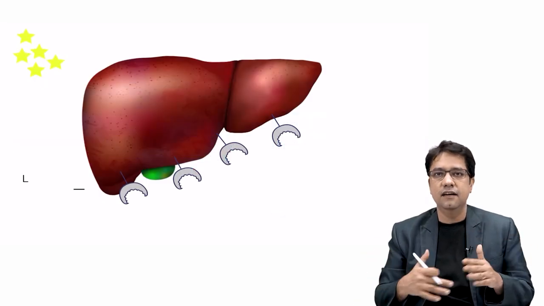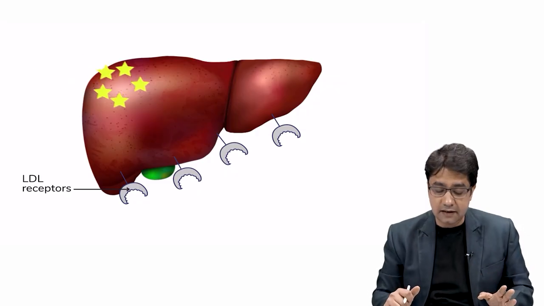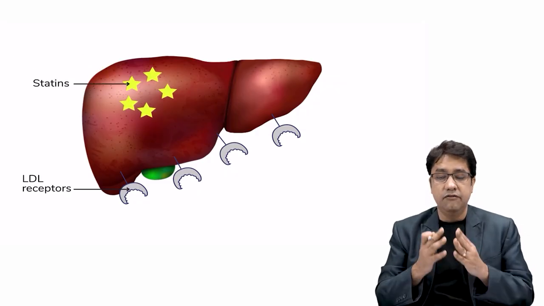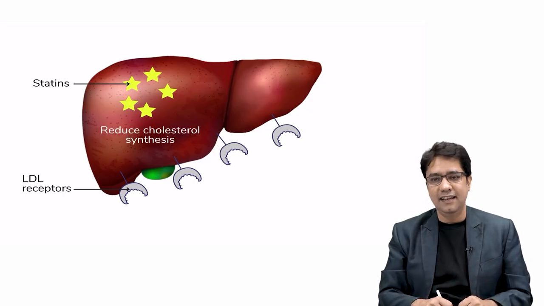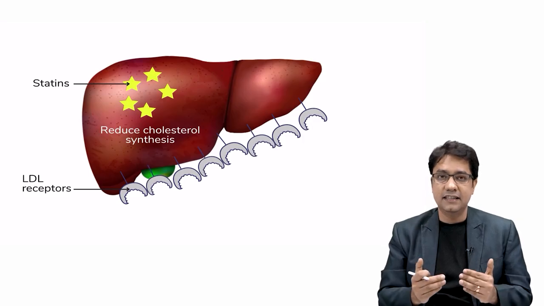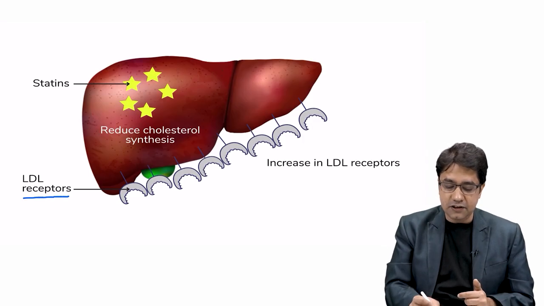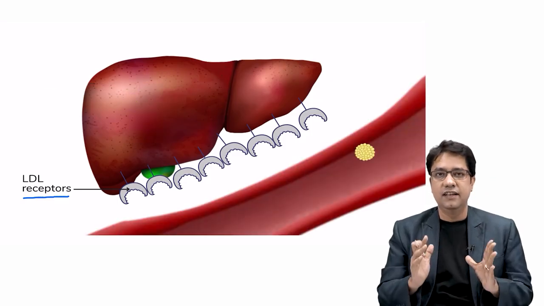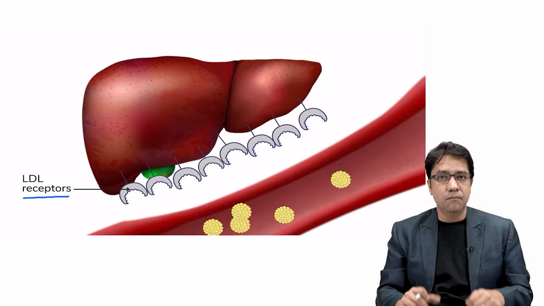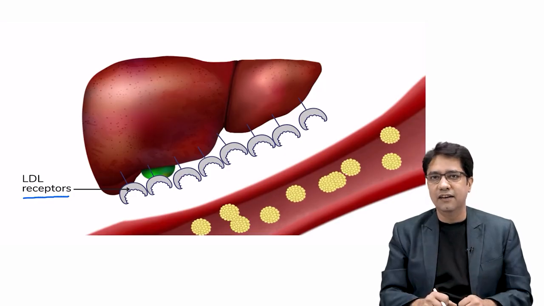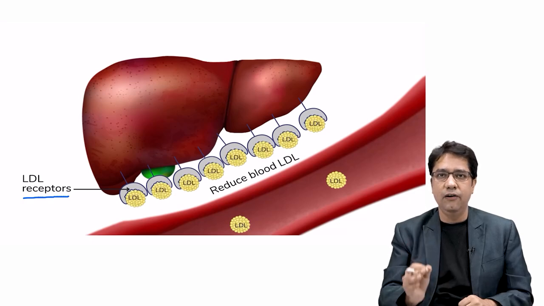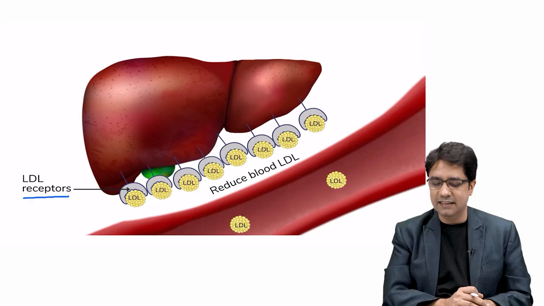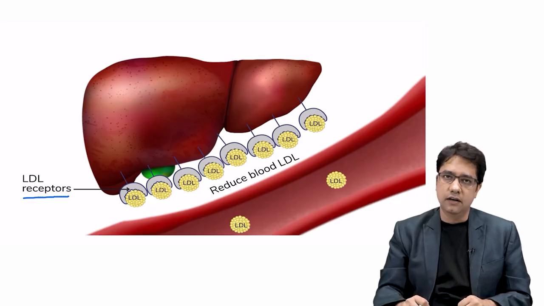Just imagine in a more simplified manner that when we give statins, they reduce cholesterol synthesis in liver, which will increase the LDL receptors on liver. And if there are more LDL receptors on liver, they will take LDL from the blood and reduce blood LDL levels. So this is how statins work.